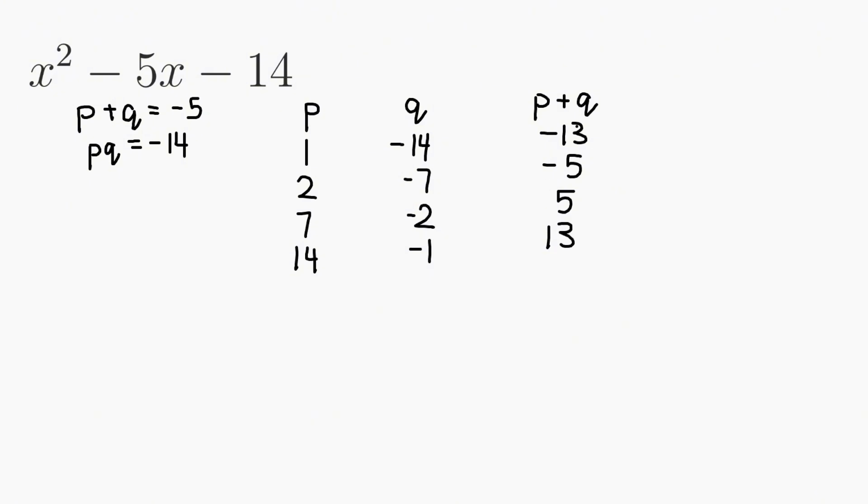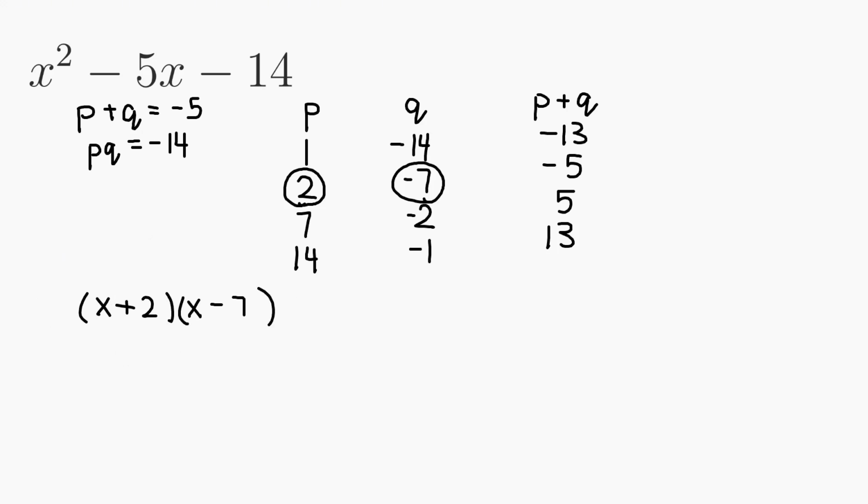As you can see, we're looking for negative 5 here, so we know p is 2 and q is negative 7, which means it is x plus 2 and x minus 7. This is our factored answer.